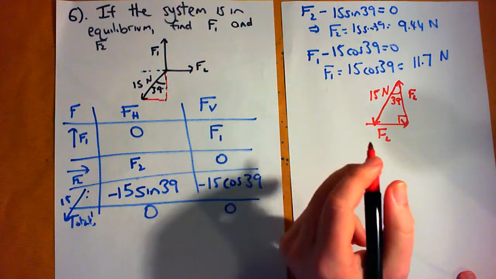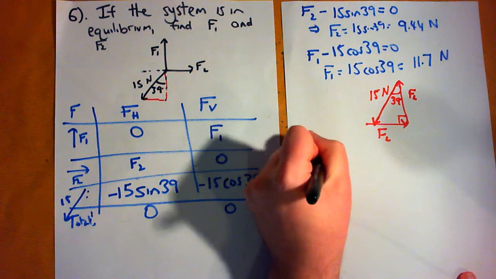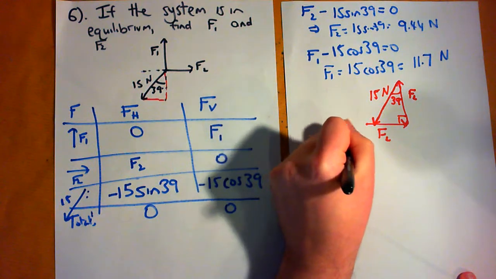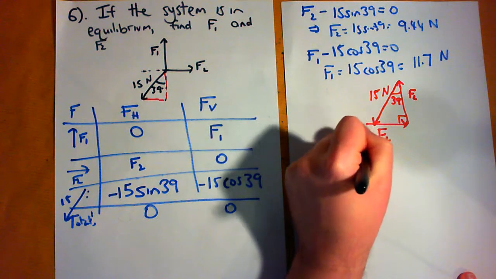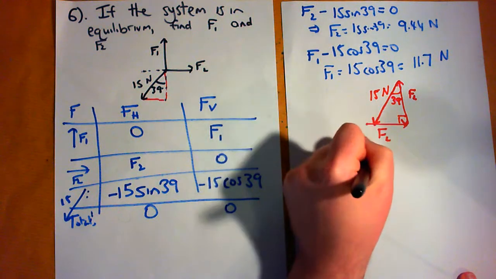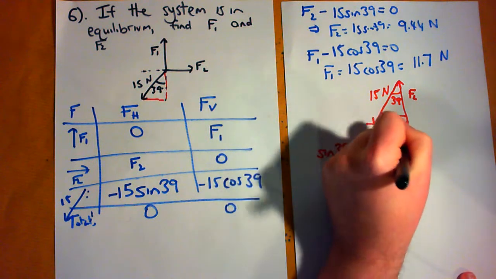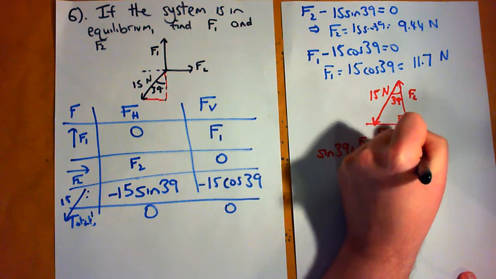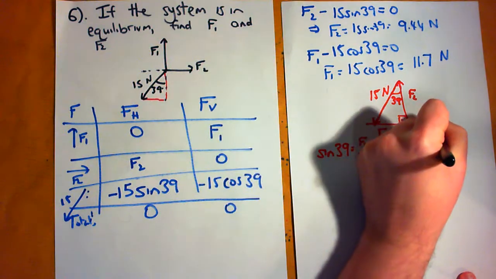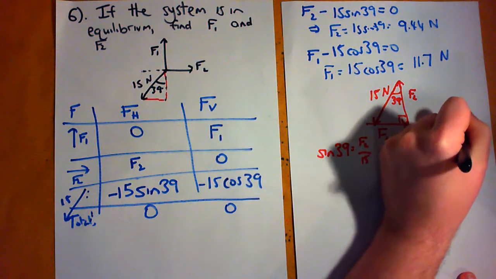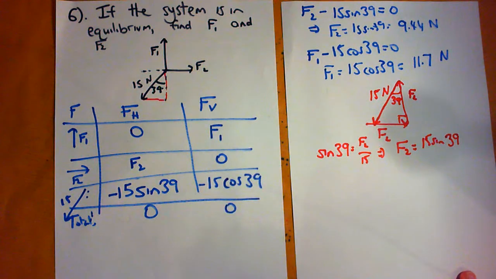If we apply SOHCAHTOA, sine of the angle, sine of 39, equals the opposite, which is F2, divided by the hypotenuse, which is 15. So therefore, we get the same conclusion. F2 is 15 times sine of 39, which we've already calculated to be 9.44.